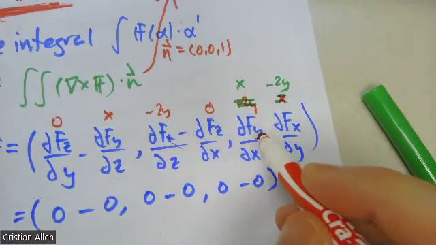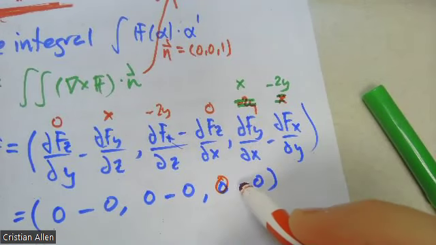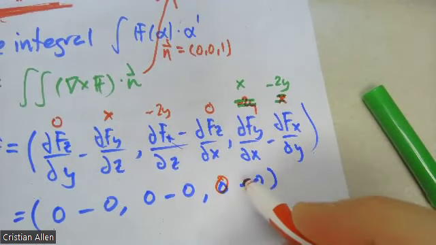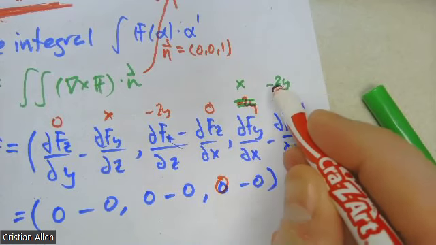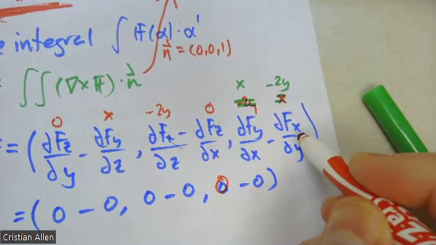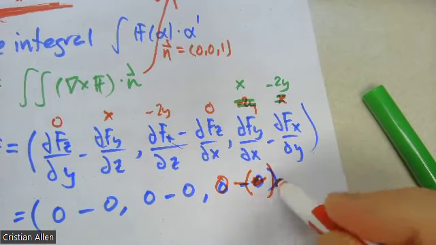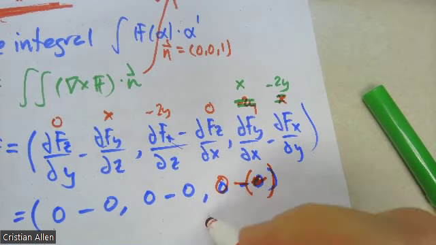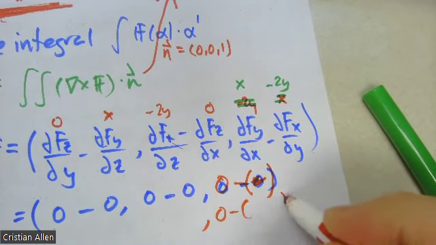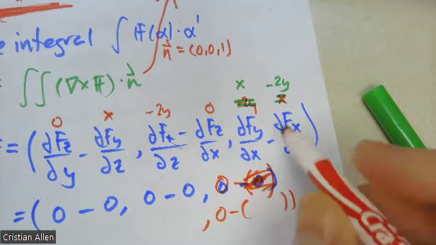So let's see. So what do we have? This one is still 0, but it's this one here that's negative 2y with respect to y. So it's negative, and then instead of 0, this is getting messy. So let's do it like this instead.